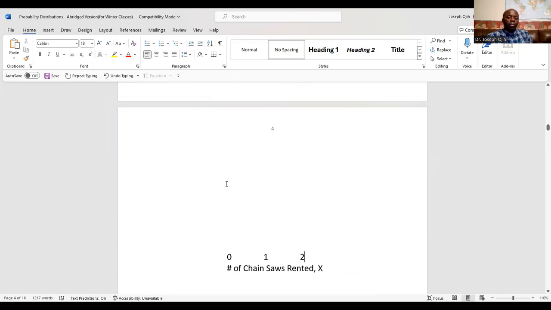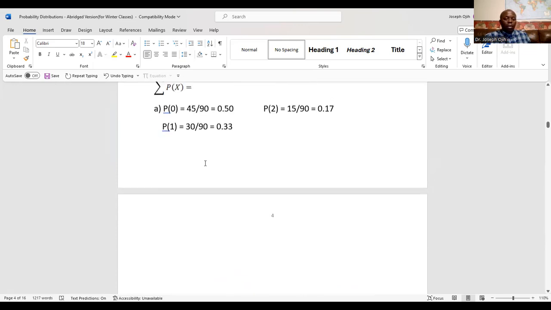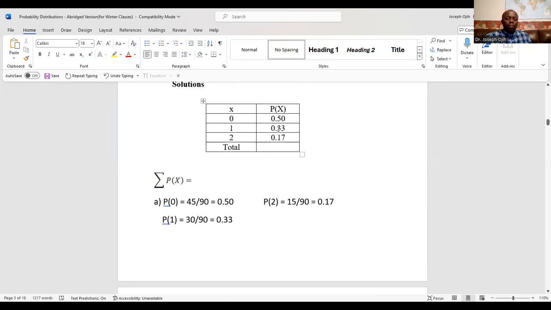The other column is their probabilities. It goes from 0.17 to 0.50.